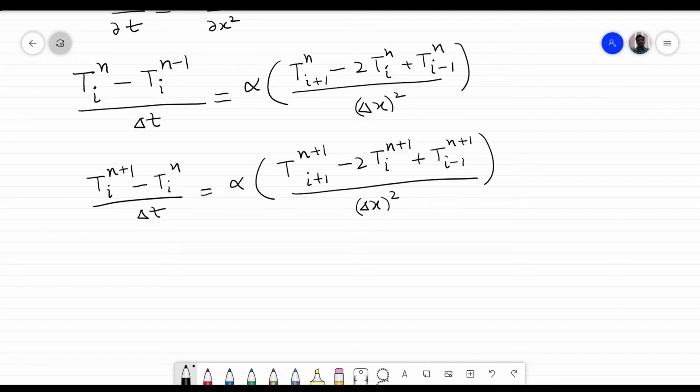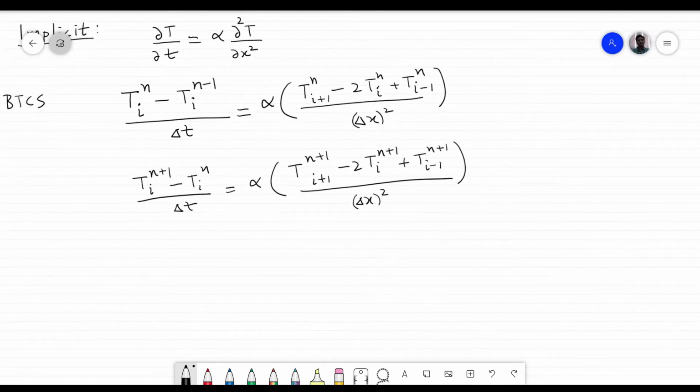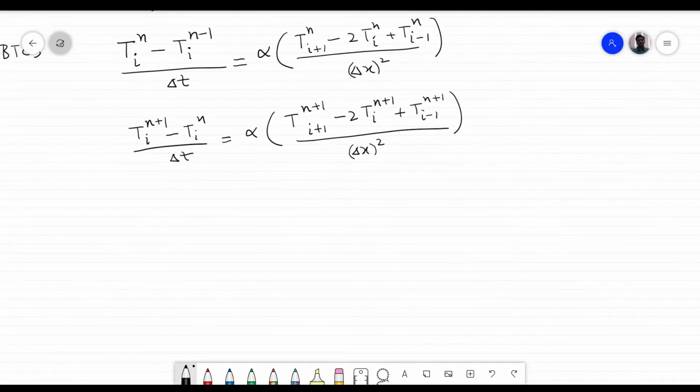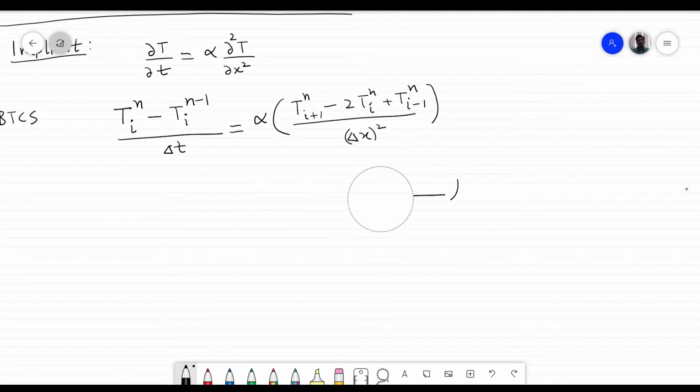So this means that we have incremented n by 1 everywhere. Okay, so we can write either way. Both are correct. Both are BTCS, implicit schemes. Now this is clearly implicit. You cannot find out Tn, that is the temperature at the current time step, as a function of temperatures at other grid points at the previous time step.